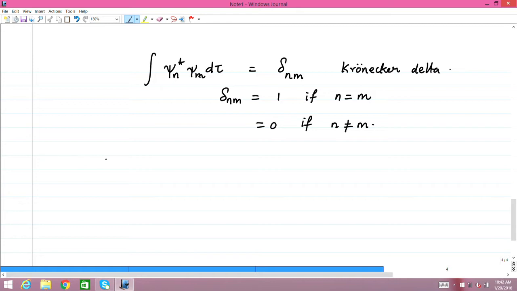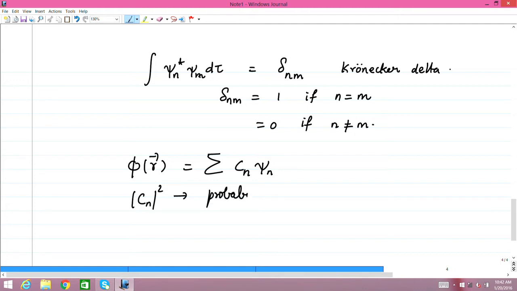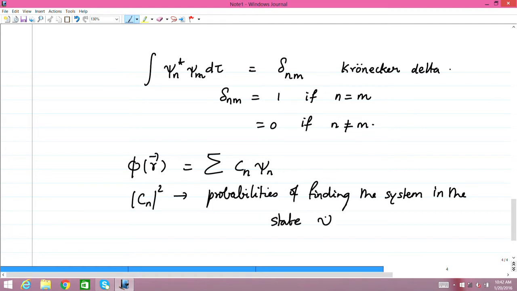With this property, you can see that the wave function phi, which is written as a linear combination of all the eigenfunctions, has coefficients C_n squared which are probabilities of finding the system in the state psi_n with an energy E_n.